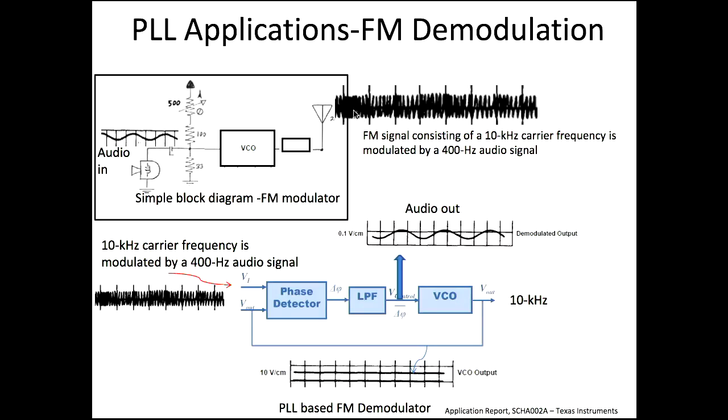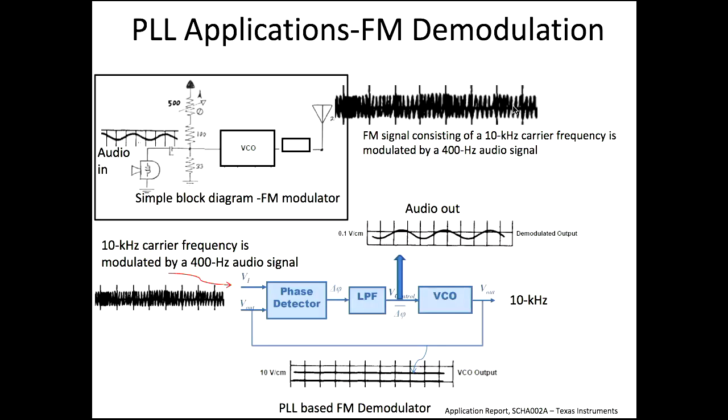That's the reason frequency is more here and less here, because the voltage is low, this is a falling edge, again a leading edge. So that's the reason you get frequency modulation. This is FM, a frequency modulated signal consisting of a 10 kilohertz carrier frequency modulated by a 400 hertz audio signal. Suppose this is 400 hertz, and then your carrier is 10 kilohertz. So it's modulated by a 400 hertz signal. That's what is being transmitted.